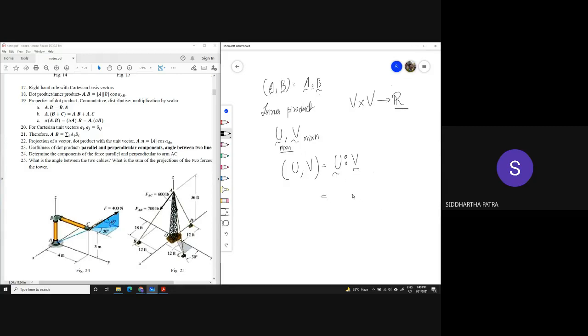And that is defined something like this: summation over i, summation over j, where i goes from 1 to m and j goes from 1 to n, of u_ij times v_ij.